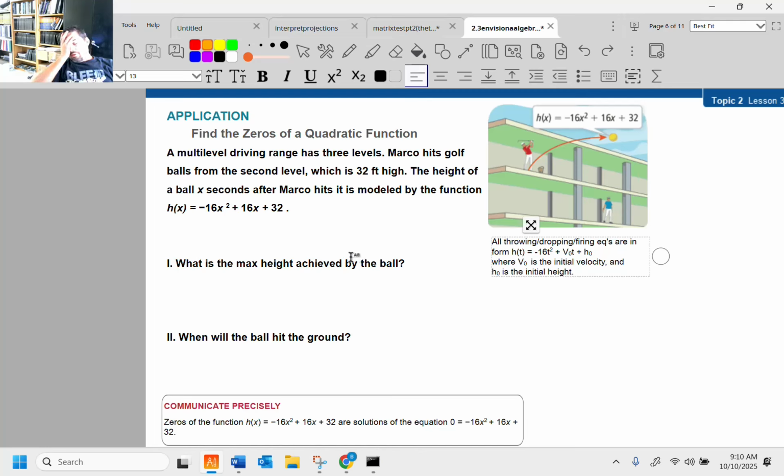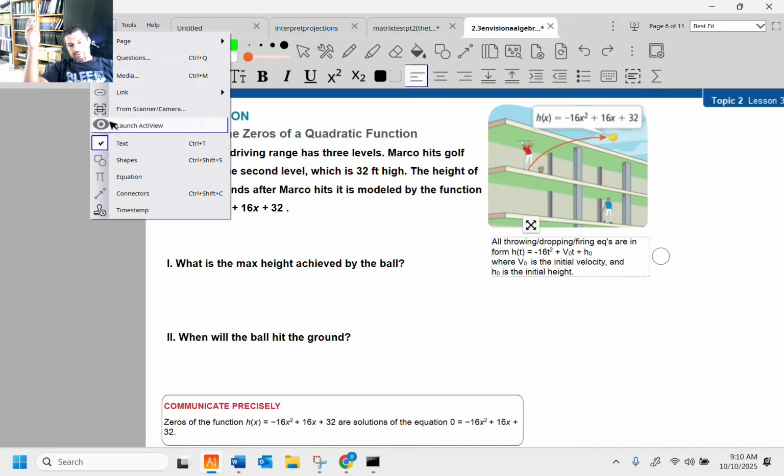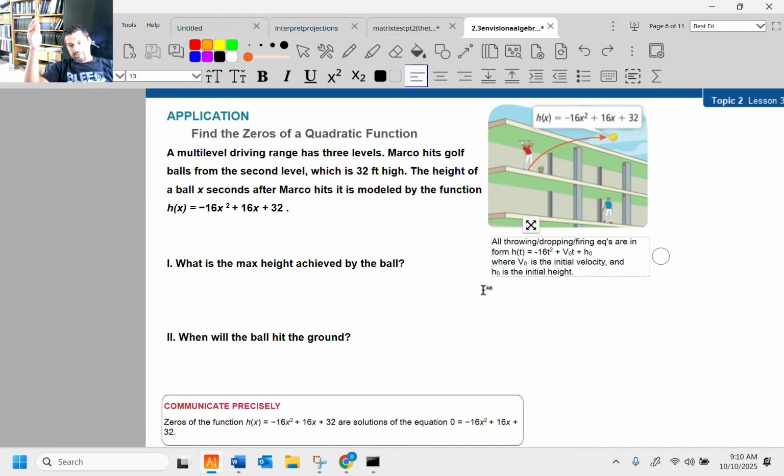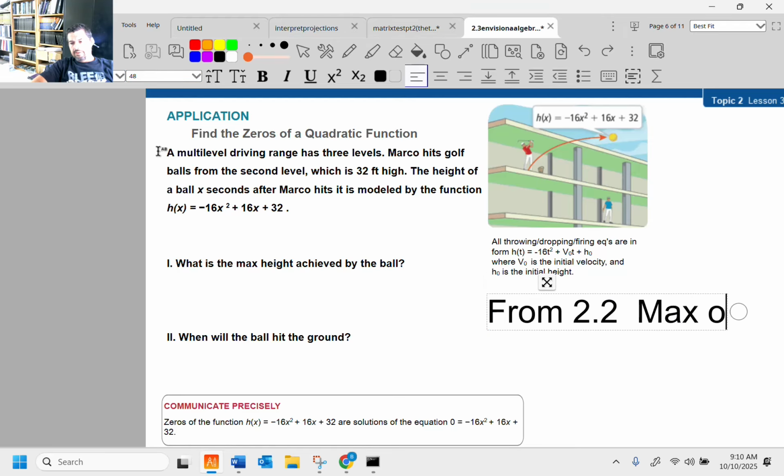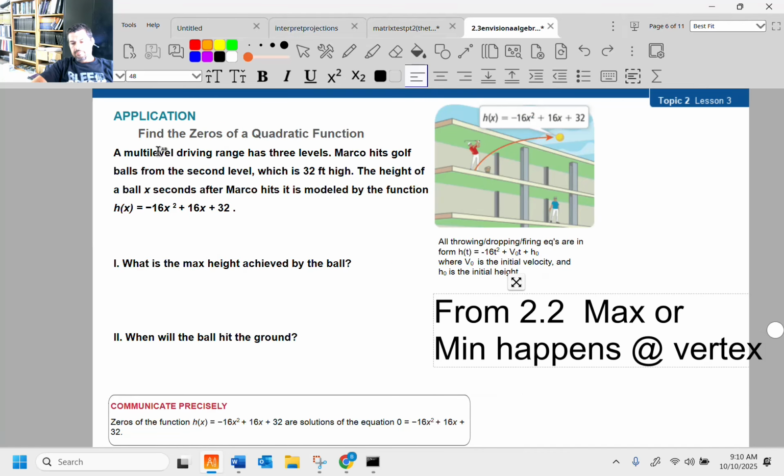This is a good time to talk about it, and it's just kind of a review of the other day. Maybe you recall from section 2.2, the max or the min happens at the vertex.